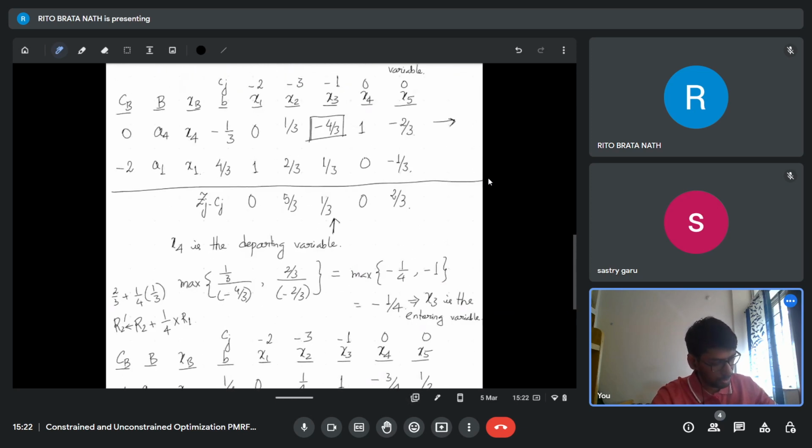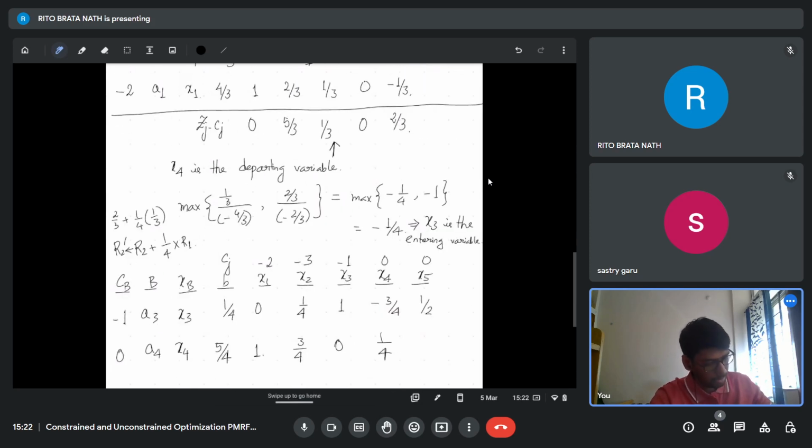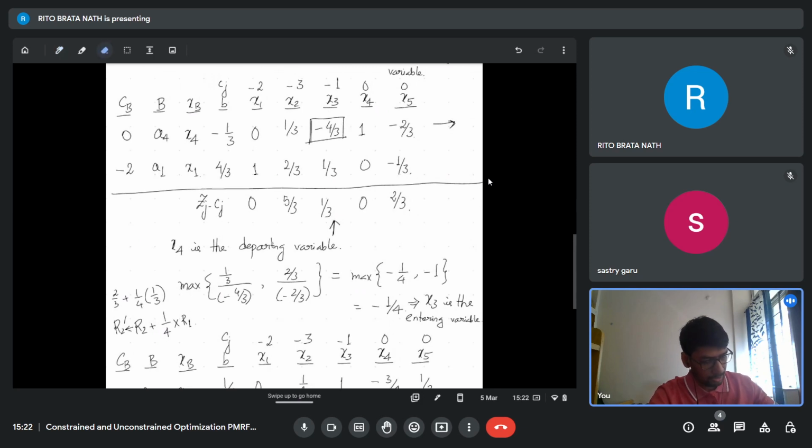One of them will be 1/4 only. And the final one I have to calculate. So it will be minus 1/3 plus 1/4 times minus 2/3. So this will be minus 1/3 minus 1/6, so that will be minus half.